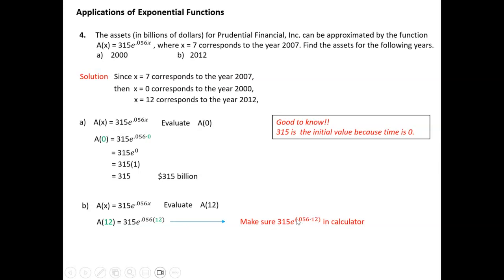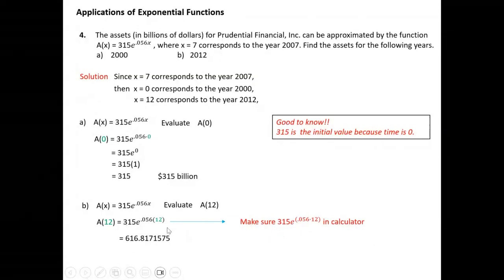But you have to put the caret for the power, then you have to make sure that it's in parentheses. At times students make mistakes because they put 0.056 and then put parentheses 12, and it's going to be wrong. So make sure that it's like this: the product of 0.056 and 12 is in parentheses.